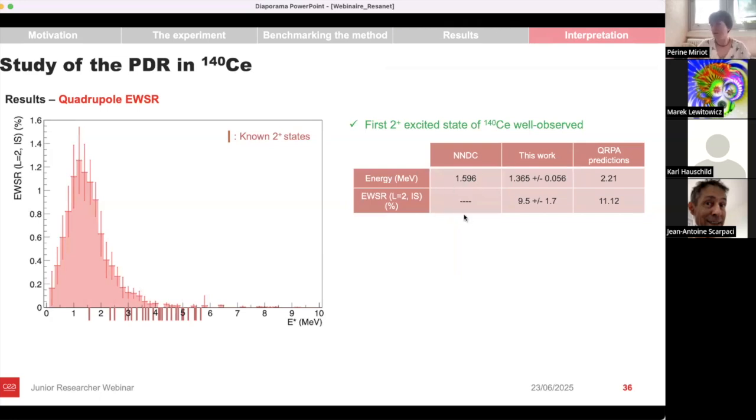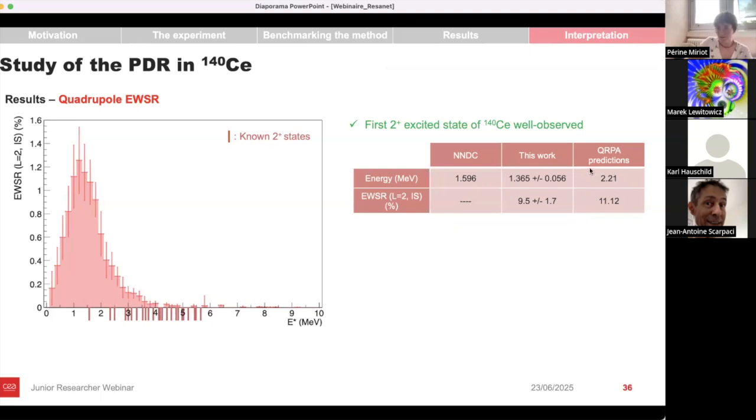The percentage of the energy weighted sum rule exhausted by this state is written here. It's around 9.5%. If we compare this value with the QRPA prediction, they gave a total of around 11% of the energy weighted sum rule exhausted by this state, which was quite a good agreement with the results.